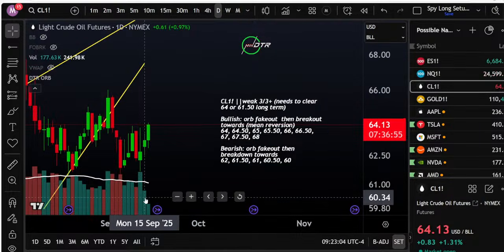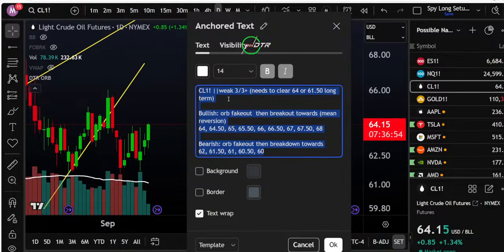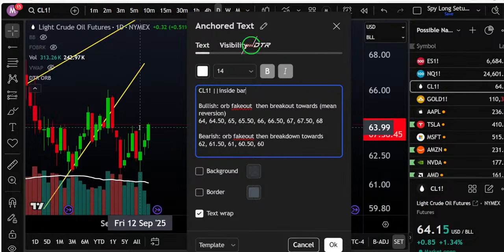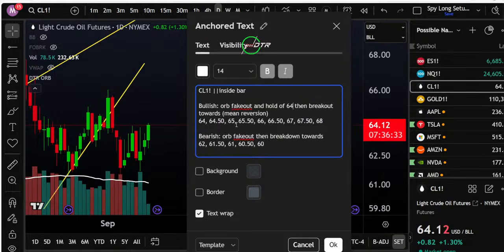CL. So obviously pretty weak volume there on that inside bar. And so we're above 64. We wanted to see that clear there yesterday. We are getting that here now. So I would say ORB fake out and hold of 64. Then break out towards, no longer mean reversion.